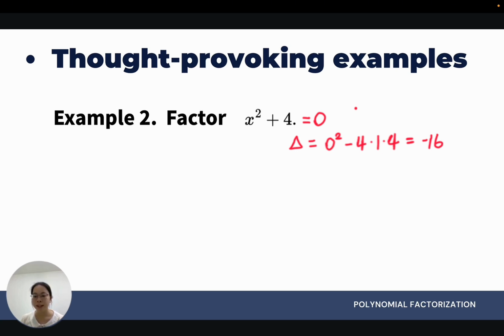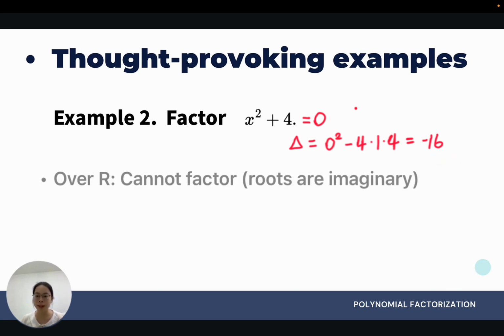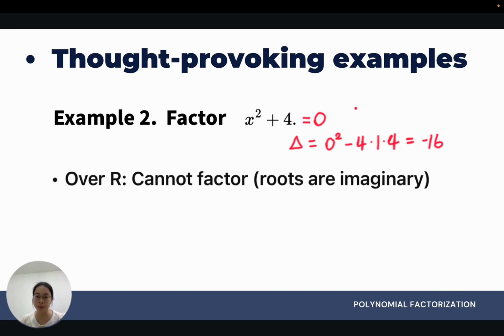So they think this polynomial cannot be factorized. This is also incorrect because they only considered real numbers. However, over C, it can be written as x squared plus 4 equal to (x plus 2i) times (x minus 2i).